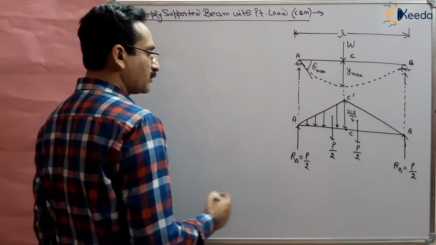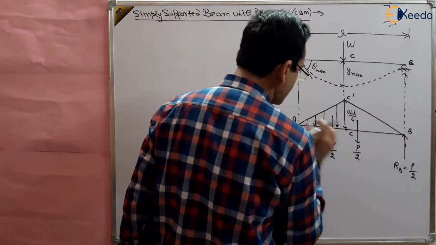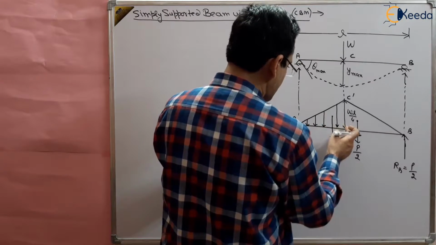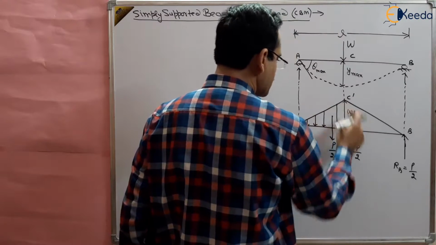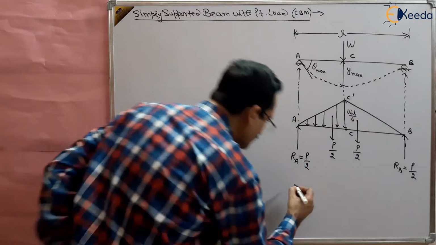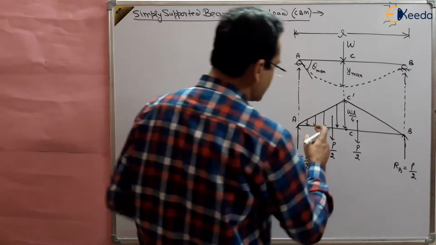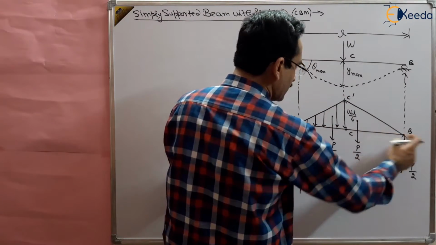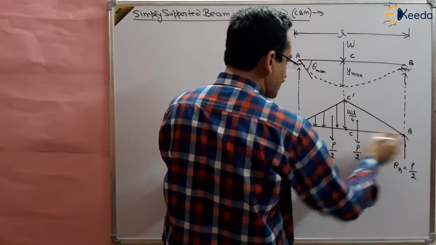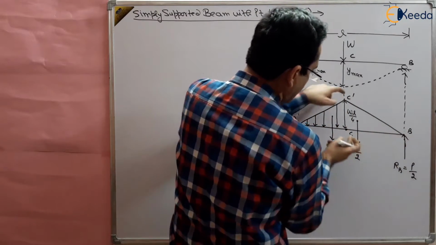So what is P by 2? This P by 2 is the load of this part, the area of this part ACC dash. Basically P is the total load, if you take both the complete triangle, this is half multiplied by base multiplied by height, right?